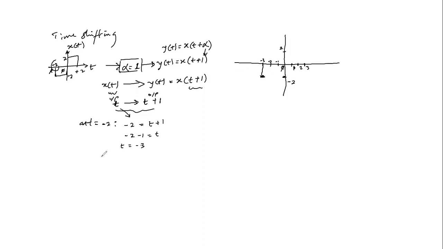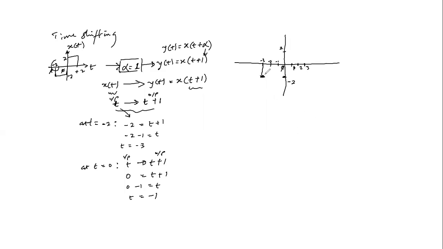Then at t equal to 0, with the relationship of t at the input and t plus 1 at the output, t here at the input is 0, same as t plus 1. So 0 minus 1 is equal to t, so t is equal to -1.